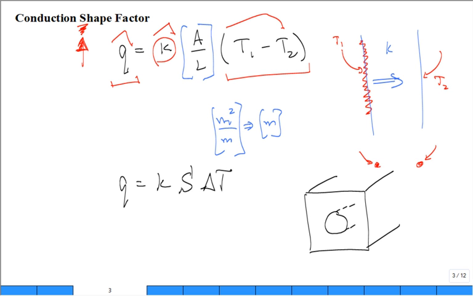Everywhere on the outside surface of the box is temperature T1, and everywhere on the inside of the pipe is temperature T2. The rate of heat transfer via conduction from the inner uniform temperature cylinder to the outer box could be expressed as k S delta T. I just need to get the shape factor for the geometry.